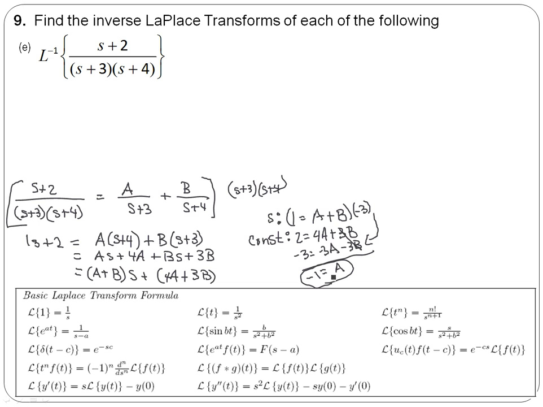A is negative 1, and I have A plus B is 1. So if I bring my A over to the other side, it tells me B is 1 minus A. If A is negative 1, I get 1 minus negative 1, which is 2. B is 2.